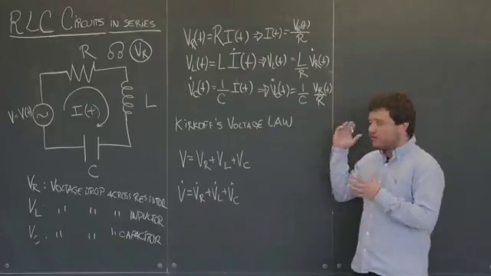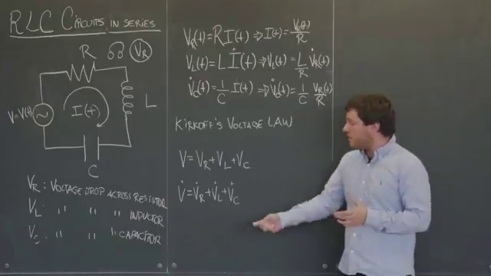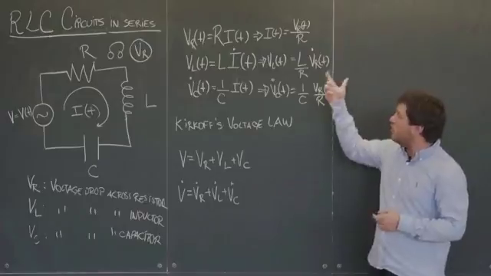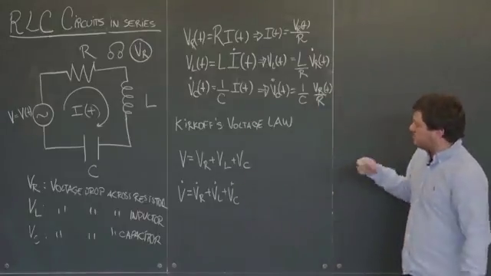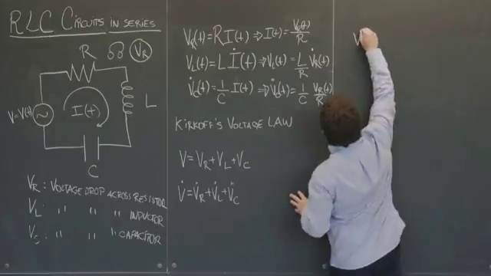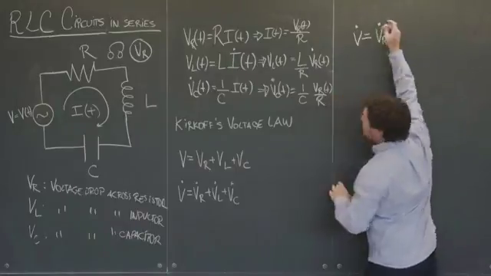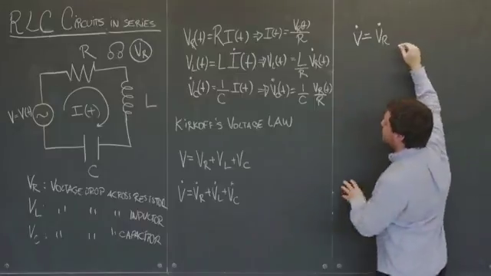The next step, in order to get a single differential equation for VR, the voltage drop across the resistor, is to plug in all of these expressions into Kirchhoff's voltage law. So let's do that. The left-hand side says that V dot is equal to VR dot. So that's okay. It's already in terms of the system response.